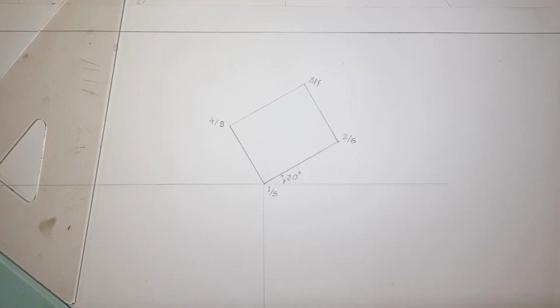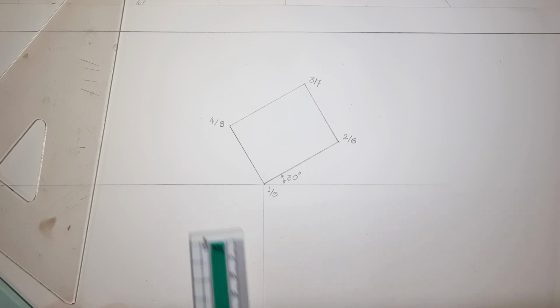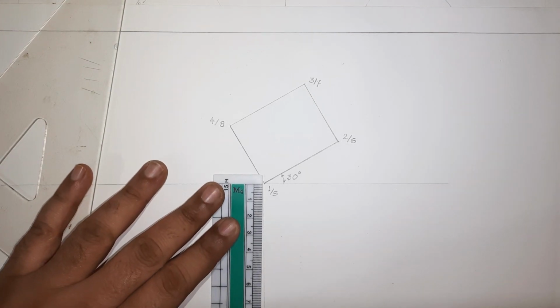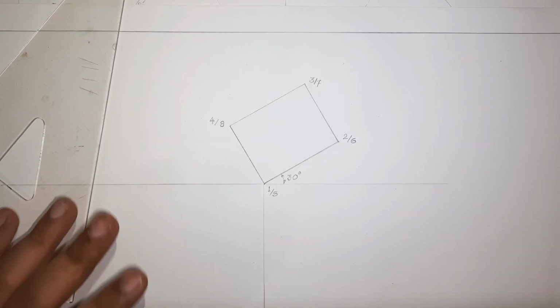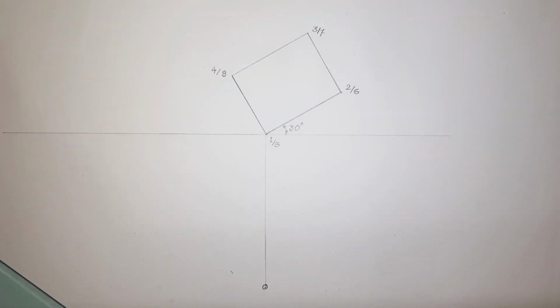Hence, the height of the object is 3 meter. So the station point will be located at a 9 meter distance. Thus, this is going to be our station point.